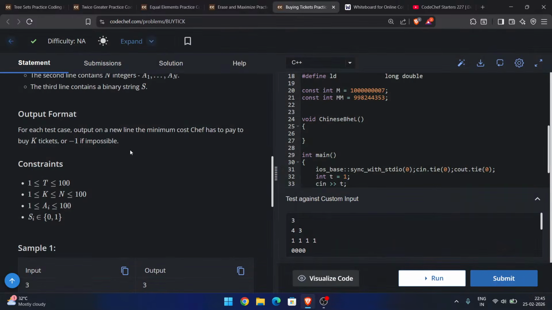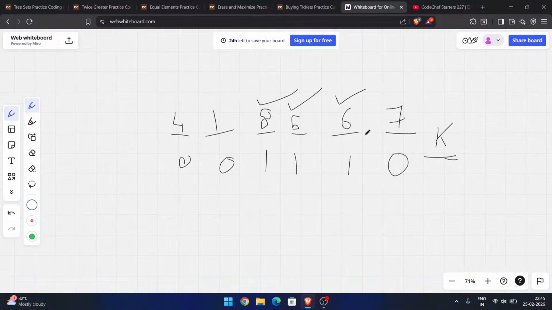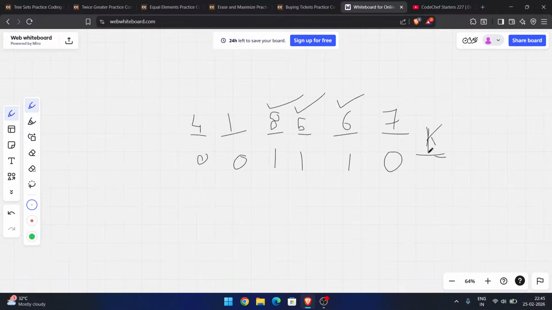Okay, so what do we want to do? We want to buy K seats at the minimum cost. Okay, so we can do greedy here. By greedy, I mean that suppose we want K seats, I have some options.